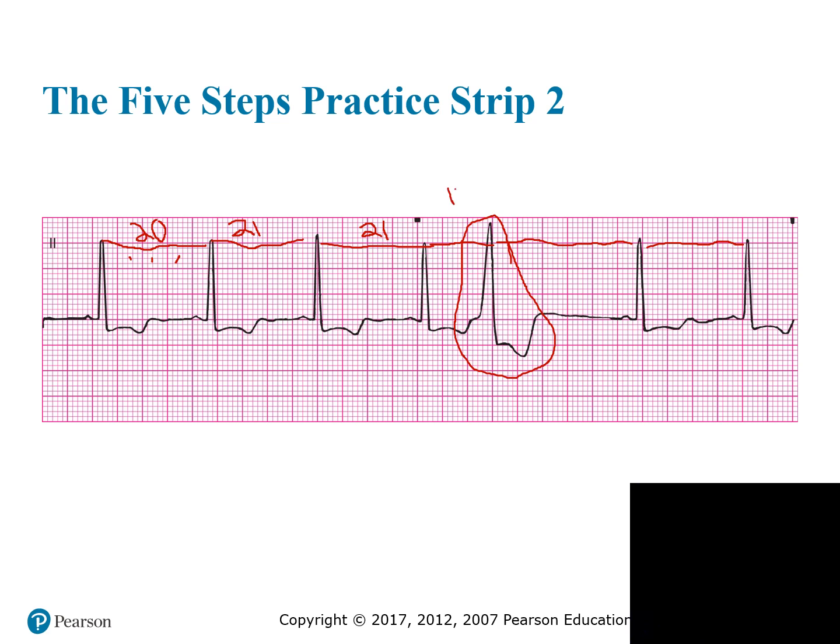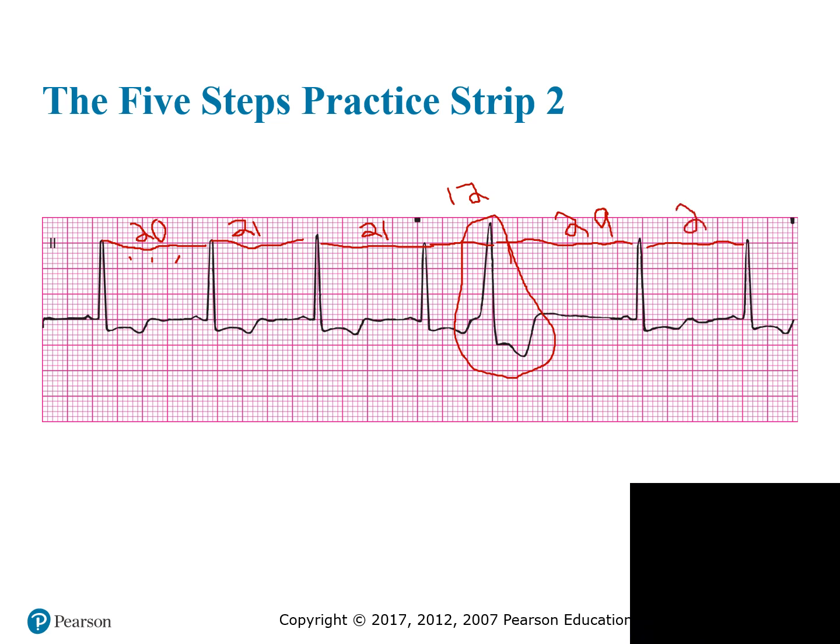So this particular R-to-R is 12. So this one is 5, 10, 15, 20, 25, 26, 27, 28, 29. This one is 29. And this one is 5, 10, 15, 21.